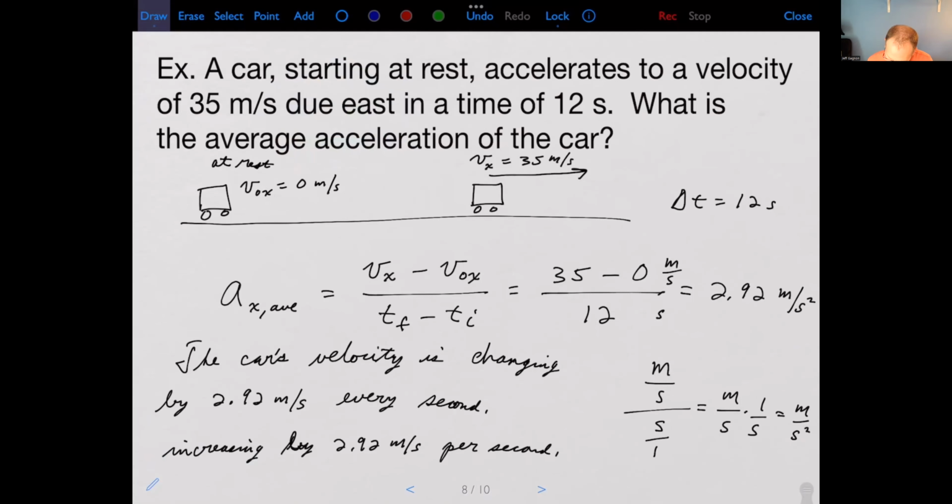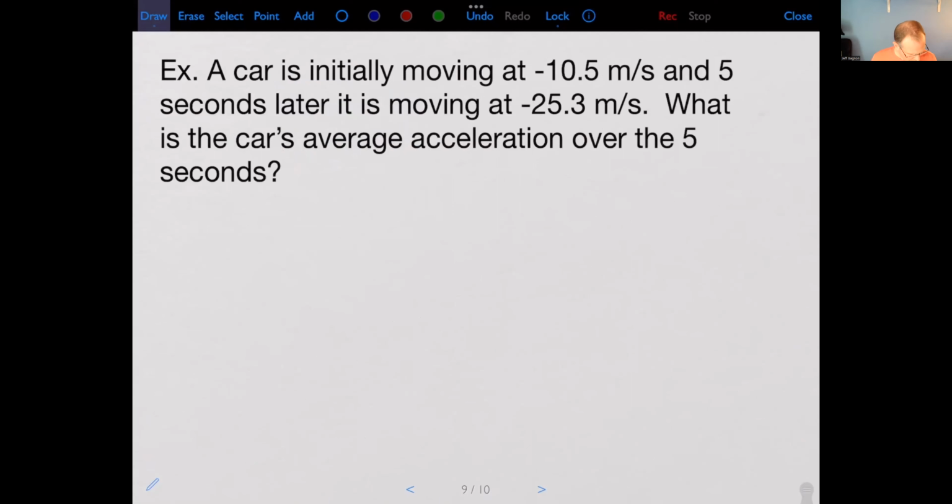Okay, here's another example. A car is moving at negative 10.5 meters per second, and 5 seconds later, it's moving at negative 25.3 meters per second. What is the car's average acceleration over the 5 seconds? Again, we can just plug in, right?